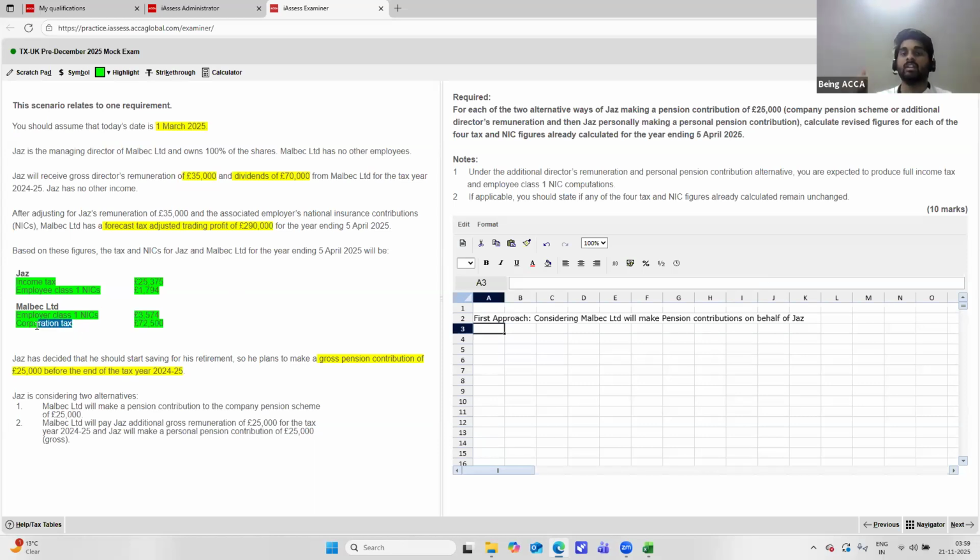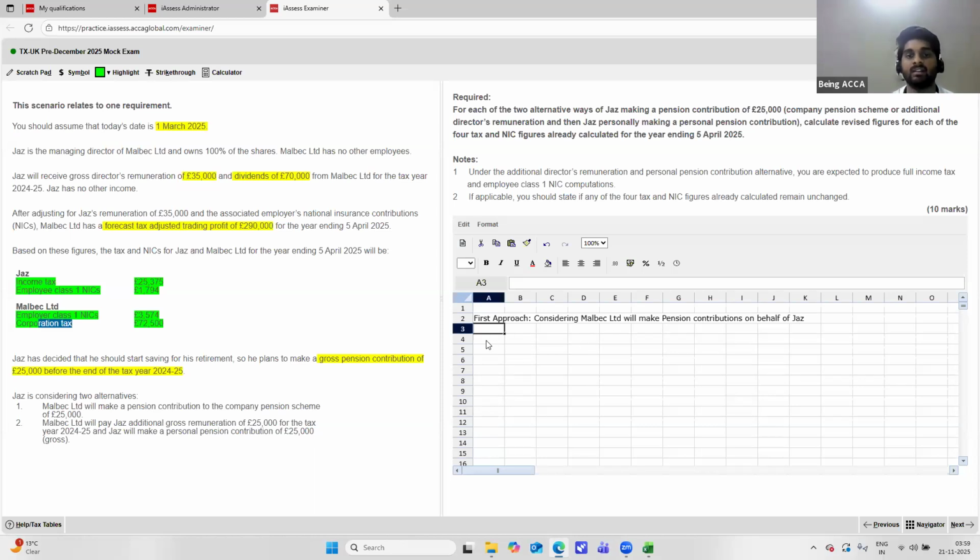Because Malbec Limited is making pension contributions on behalf of Jazz, it is considered an employer pension contribution. And an employer pension contribution is considered an exempt benefit, because of which it will not affect the income of Jazz.